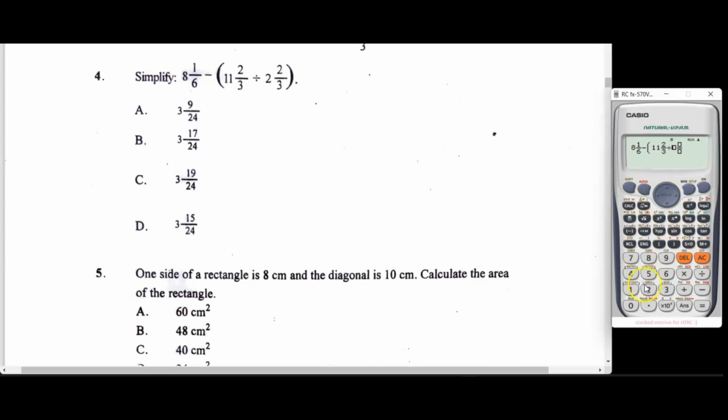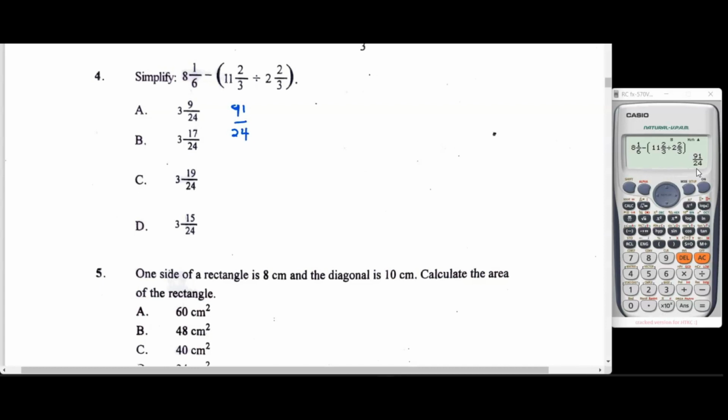Then that is 2 whole number. Shift forward. We have 2 on 3. Then we shift forward to close the bracket. Then after that, we key in our equal to sign. And the final answer is 91 on 24.